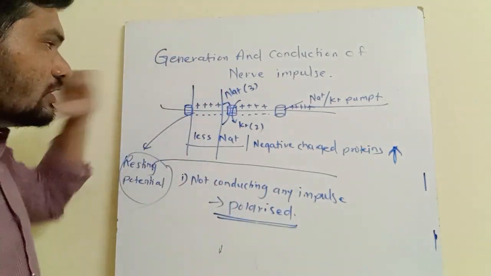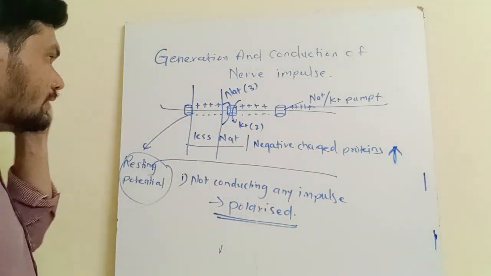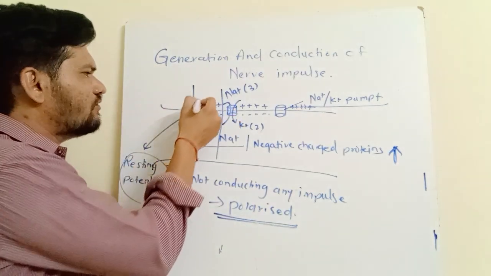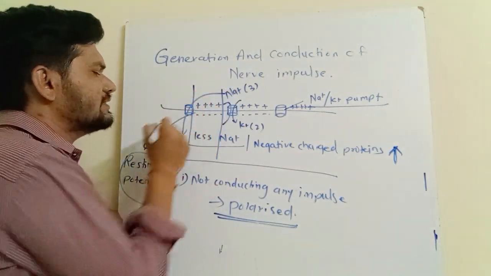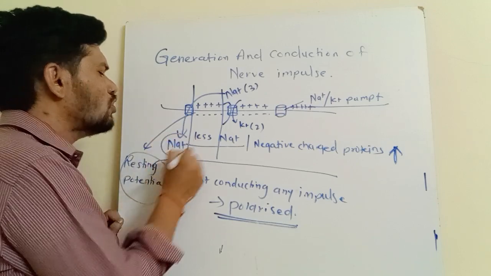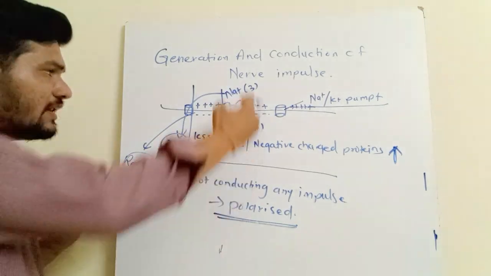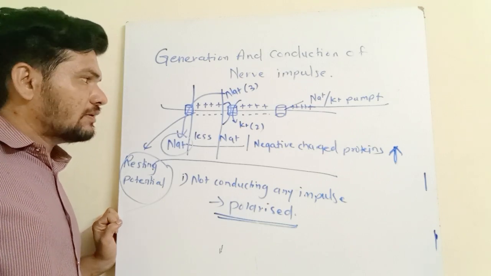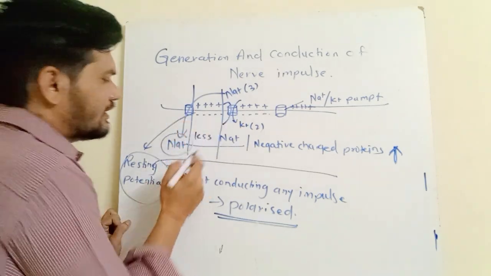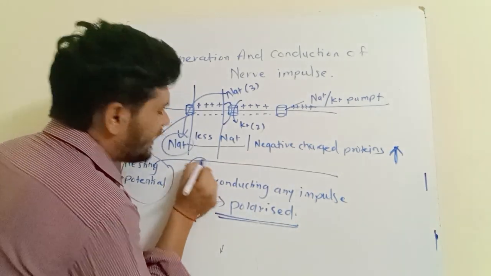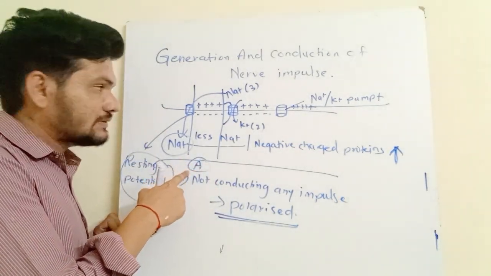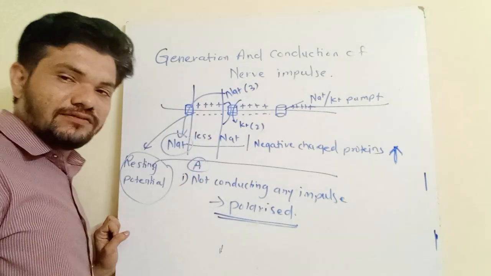What happens whenever stimulus is applied? The polarity is reversed. There is a rapid influx of Na plus ions inside the cell. So many Na plus ions will come inside the axon. So this site, let's give this site the name site A. This site becomes depolarized and the polarity is reversed.